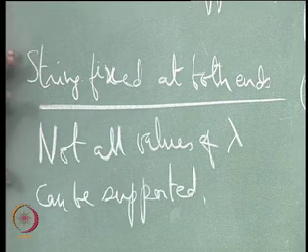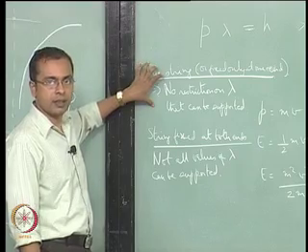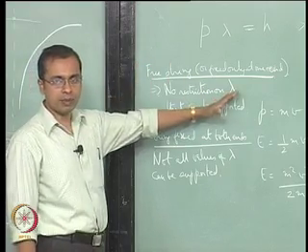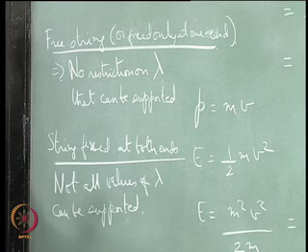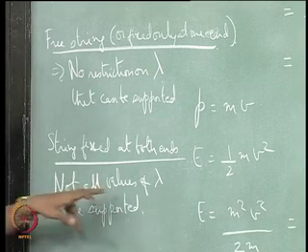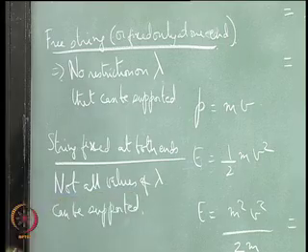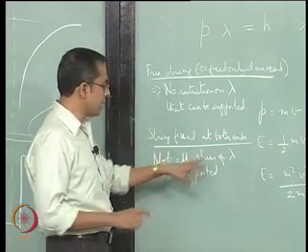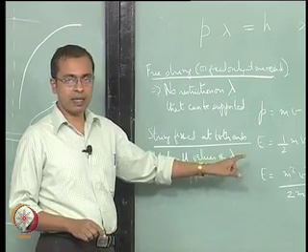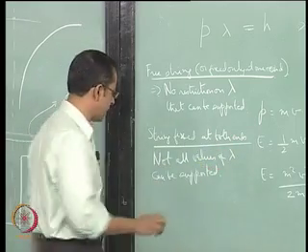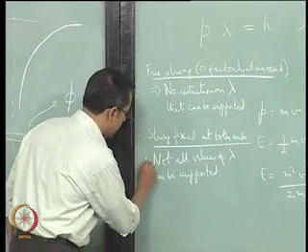This situation is different from the other situation, where at the top any value of lambda can be supported. First thing we find out is that when you tie down both ends of the string, not all values of lambda can be supported. Over and above this, we also find out the condition on lambda for it to be supported by the string. So that is number 1.